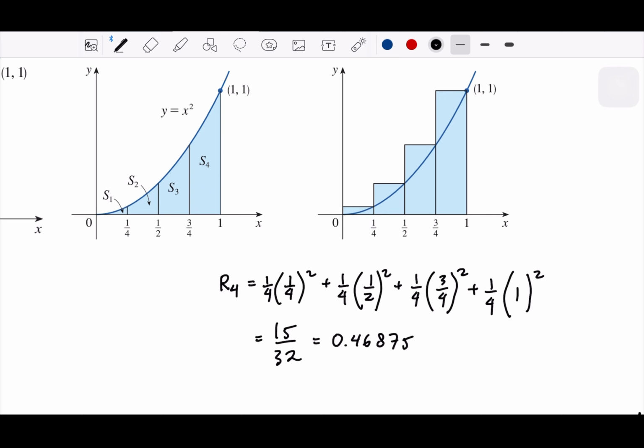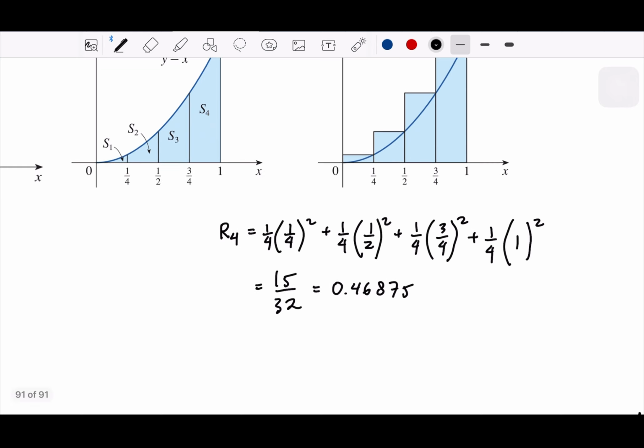If we compare all these 4 rectangles with the area that we want to determine, the total is greater than this, right? Because it has these additional parts. So we could say the area that we would like to know is less than 0.46875.